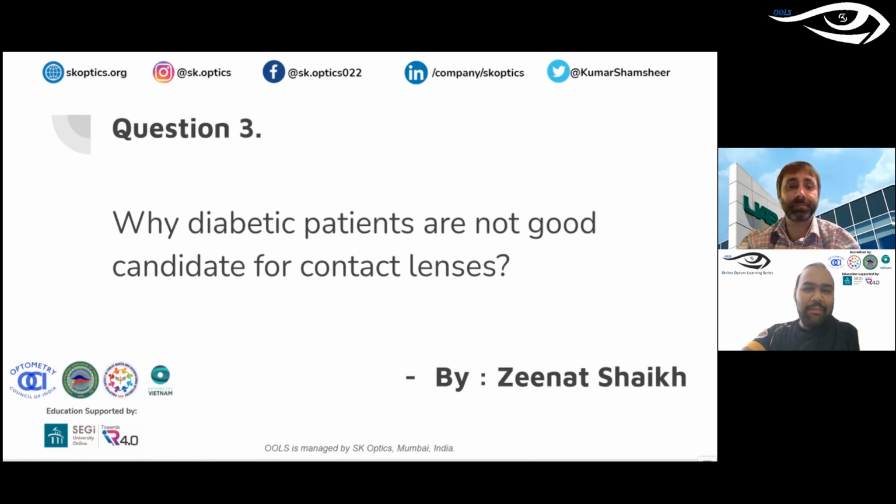Why do you think that diabetic patients are not good candidates for contact lenses? First, do you think that they are not good candidates? That's the add-on. And if you think they are not, why? If you would like to highlight something here. I think it's totally okay for a diabetic to wear contact lenses these days. We now have materials that are very breathable.